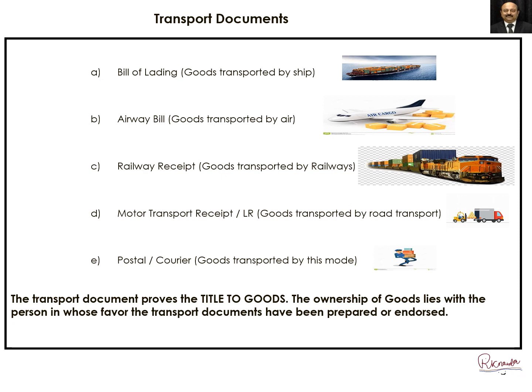Now this transferability brings a unique flavor for this document, because when the goods need to be sent to a destination in a particular city, those goods will be lying with the transporter, but the transporter will not give delivery of goods to any person who is not authorized through that transport document to take delivery.